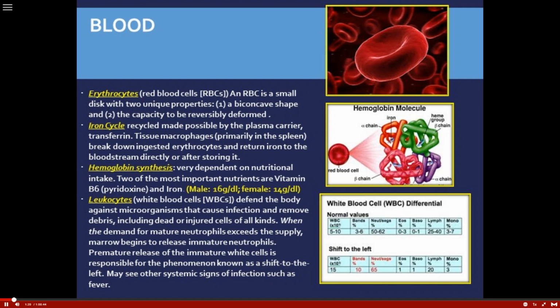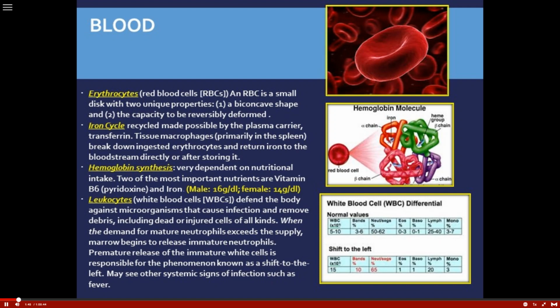You can see up there in the corner how in the middle they kind of look like a donut, but they don't have the hole in it. Because of that shape, they're able to have an increased surface area versus volume ratio, which means that is allowing optimal gas exchange. And the gas exchange that we're talking about is between oxygen and carbon dioxide, right?